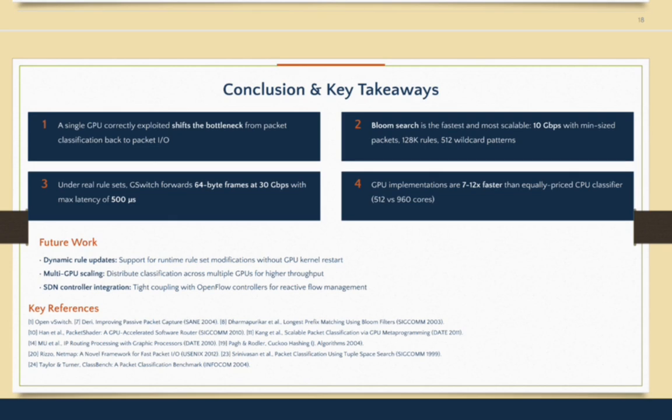The study also demonstrated that a GPU-based solution can be 7 to 12 times faster than comparable CPU implementations, making the GPU a practical and cost-effective option for software-defined network environments.